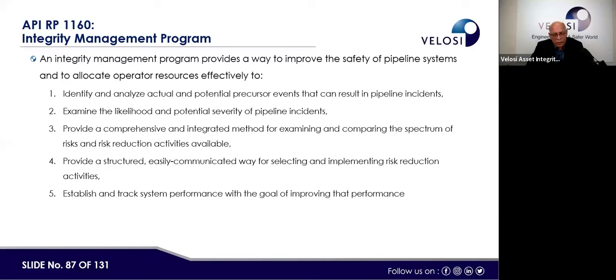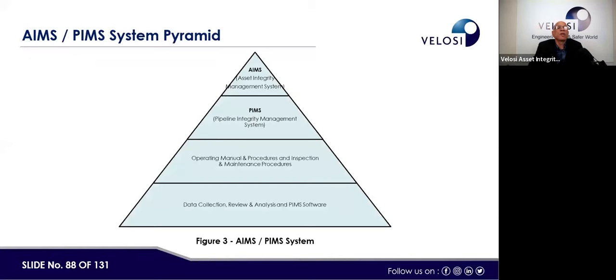And that integrity management program is rightly conveyed to all stakeholders as applicable, right? Then once the plan is implemented, we also try to establish whether this plan is effectively working or not.